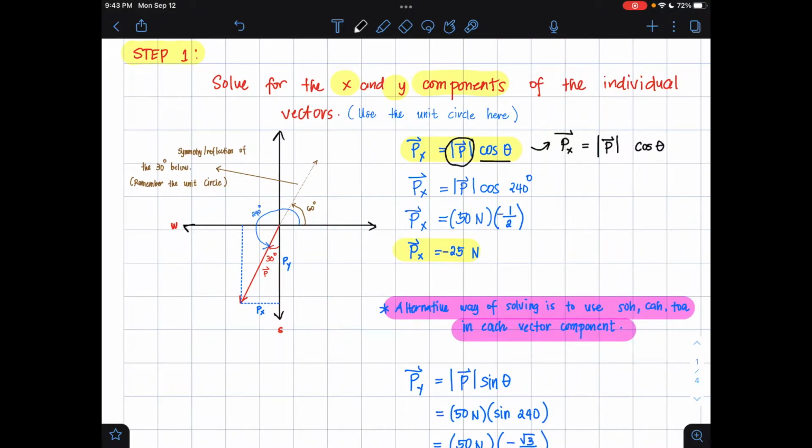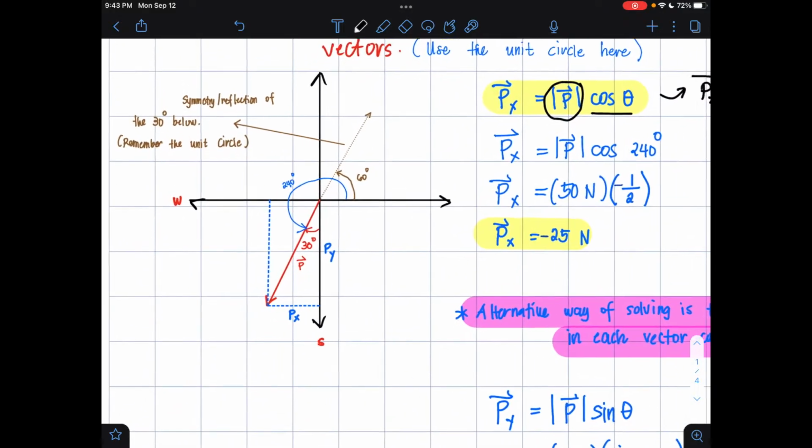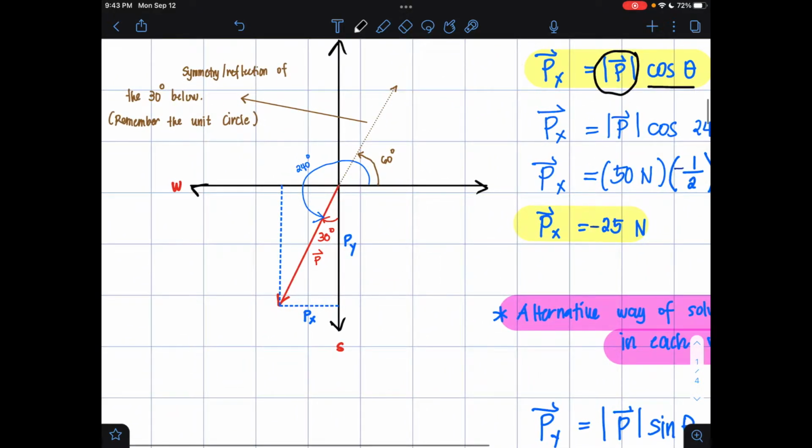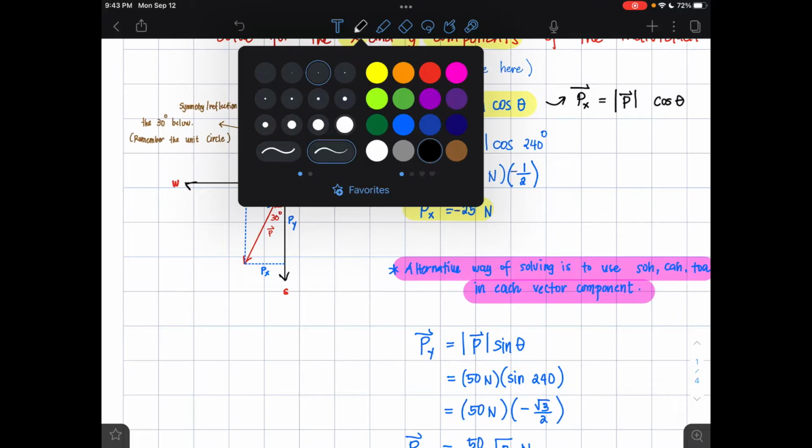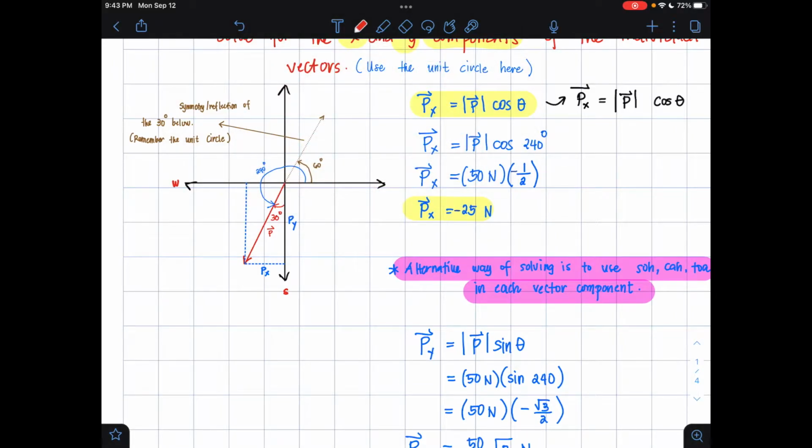Now in this case, from the illustration, your angle theta is clearly 30 degrees. But class, as I've mentioned, you could actually use the standard measure of an angle, which is from your positive x.